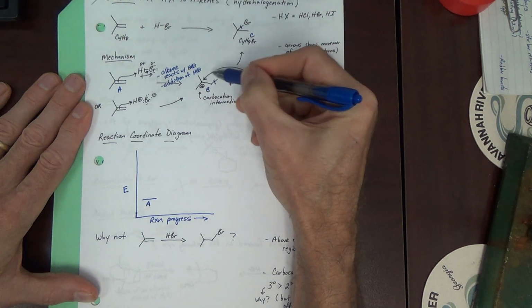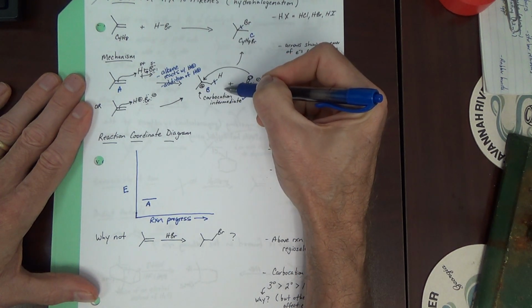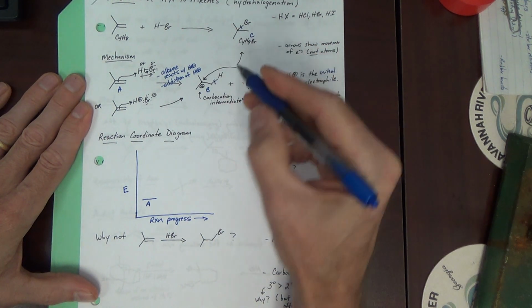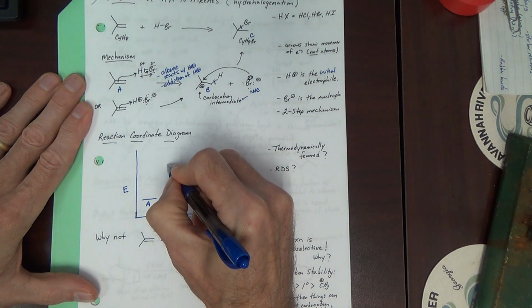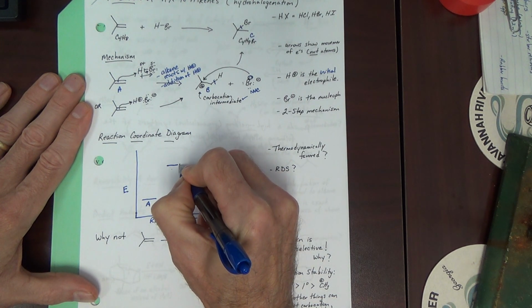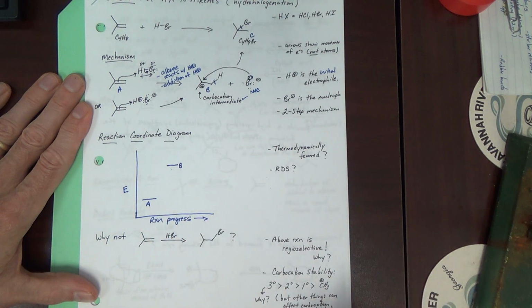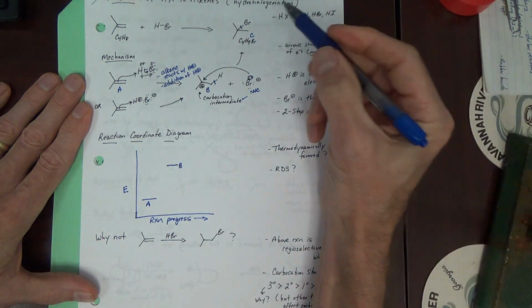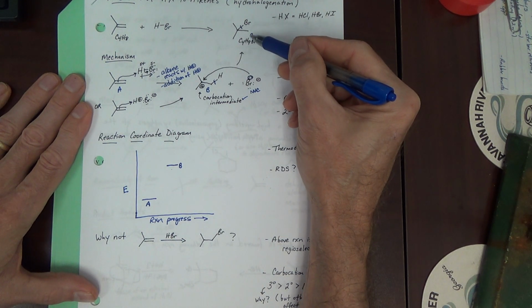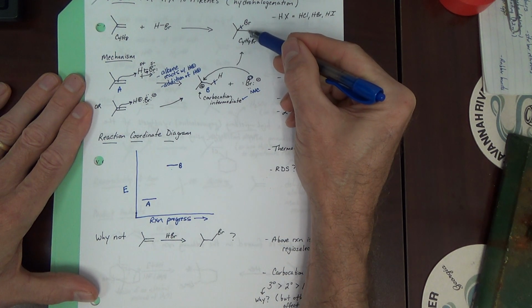Our first intermediate, our only intermediate, the carbocation, is going to be higher in energy because it's charged. So we're going to show it higher in energy. And then the final product, C, is back to neutral.